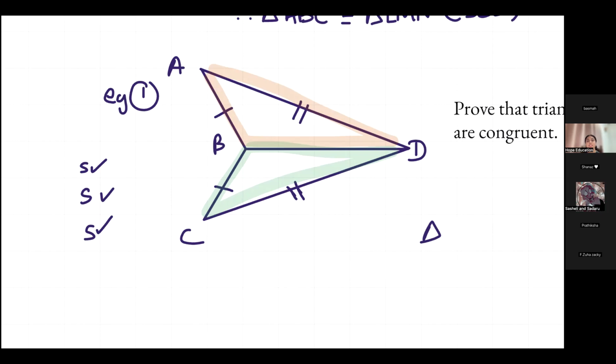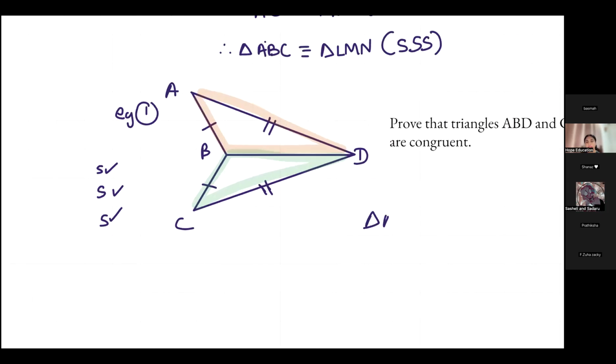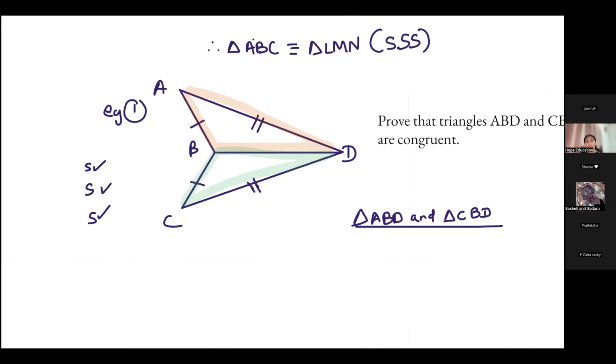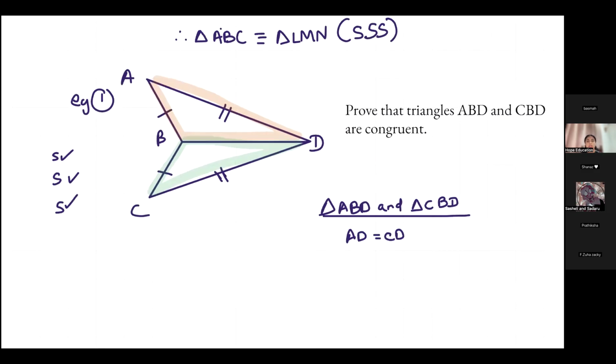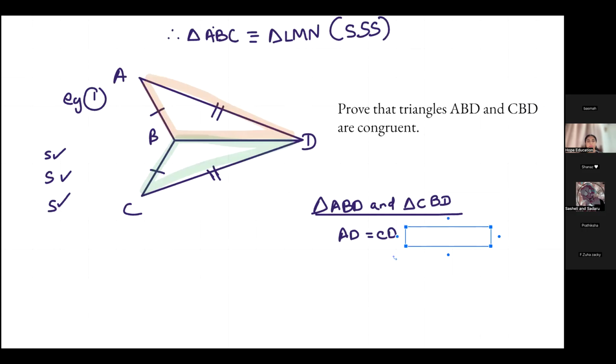All right. Let's put the topic: ABD and CBD. AD equals CD, reason is given. Then AB equals BC, the reason there is also given.